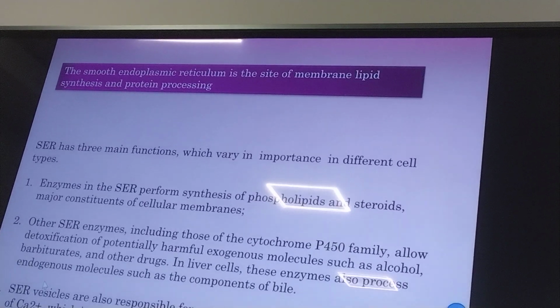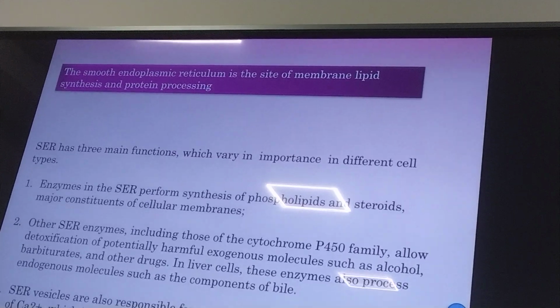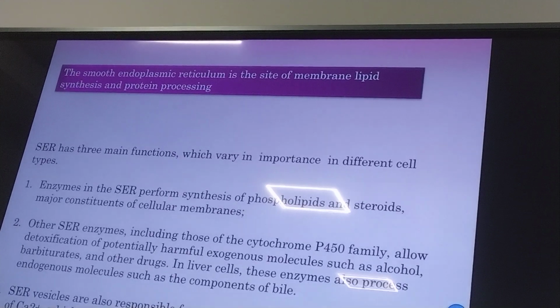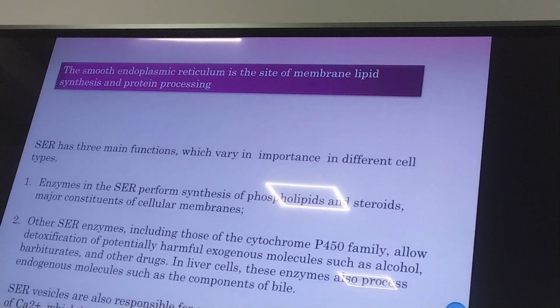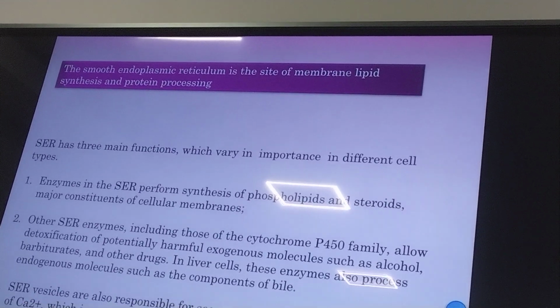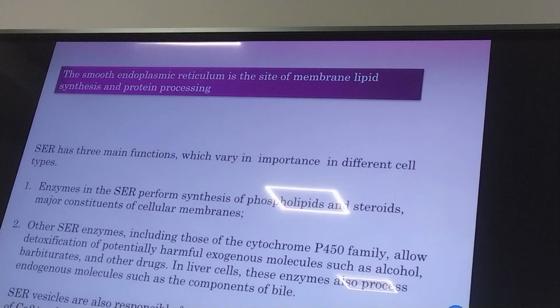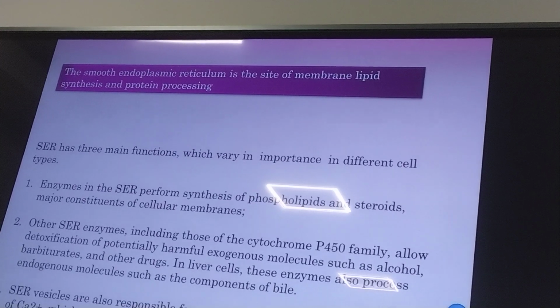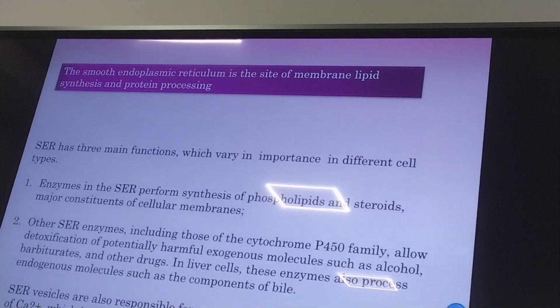The hemoglobin degradation product, bilirubin, also undergoes degradation by the smooth endoplasmic reticulum. When the liver cells are damaged and the smooth endoplasmic reticulum is damaged in the liver cell, the bilirubin is not degraded, and it causes what? Jaundice.